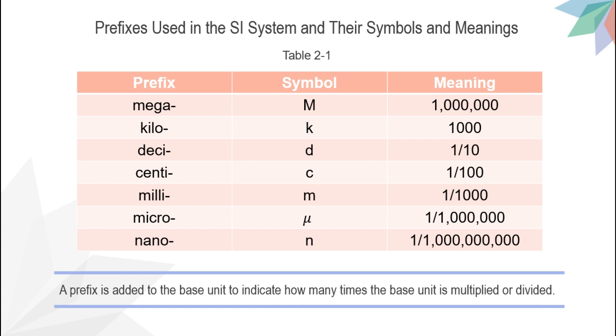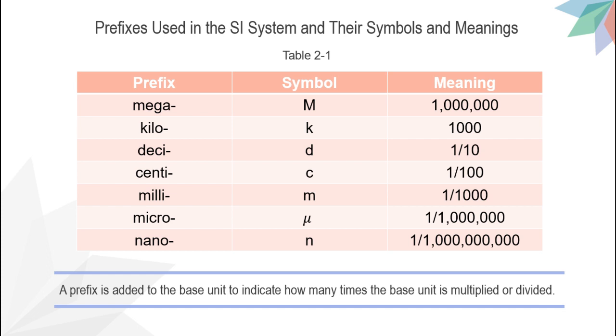In our measurement system, we also use it. So we have commonly used prefixes like mega. Mega has the symbol capital M. Its meaning is 1 million times our base unit.